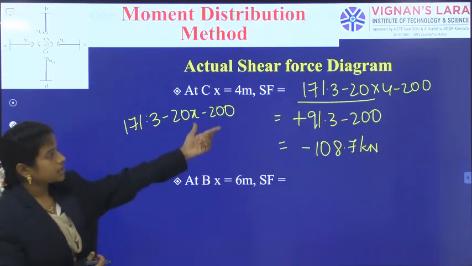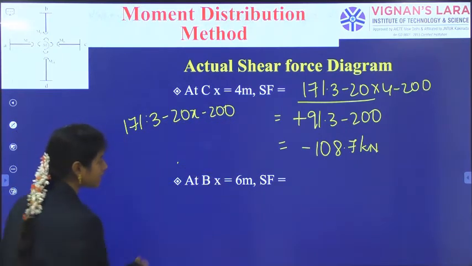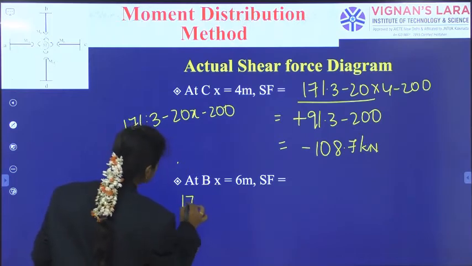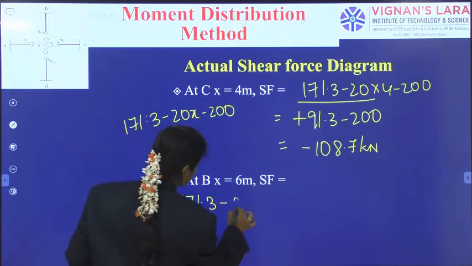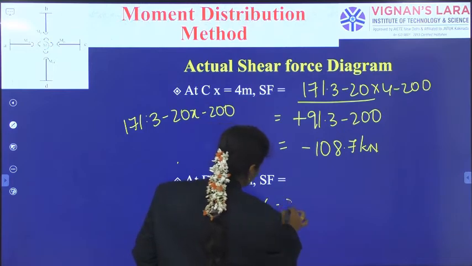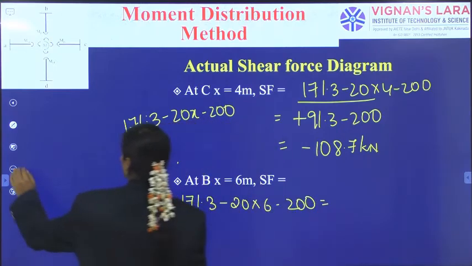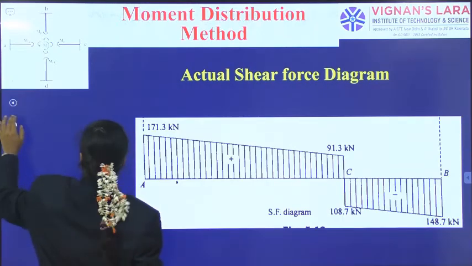Then substituting x is equal to 6, 171.3 minus 20 into 6 minus 200, you can calculate, which is minus 148.7.